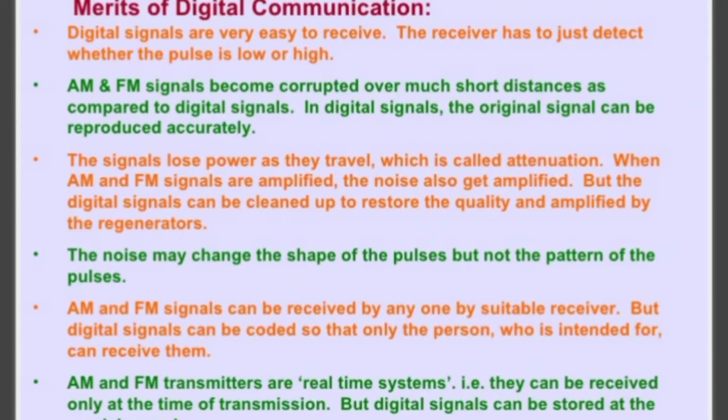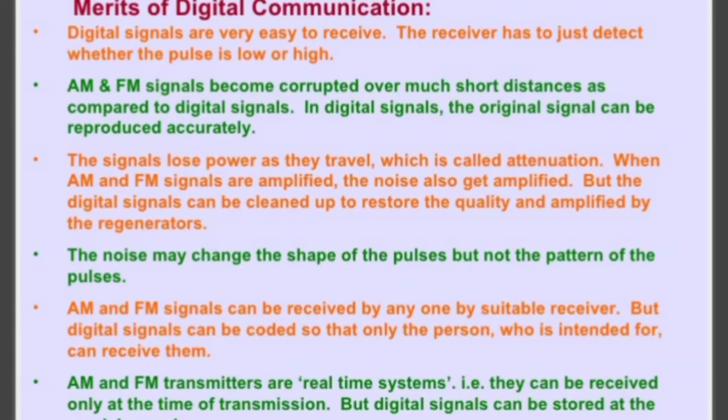When the signal is traveling, it loses power, which is called attenuation. When AM and FM signals are amplified, the noise is also amplified, but in digital modulation techniques this does not happen. The noise may change the shape of the pulses but not the pattern of the pulses.